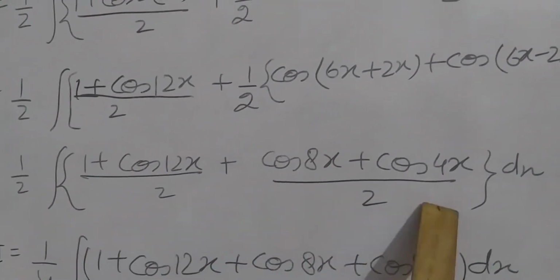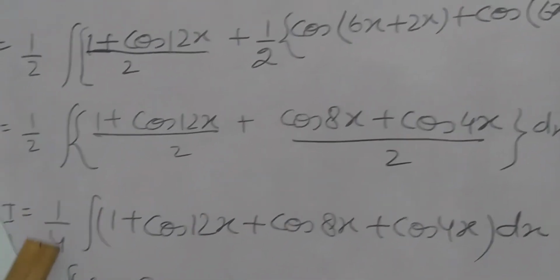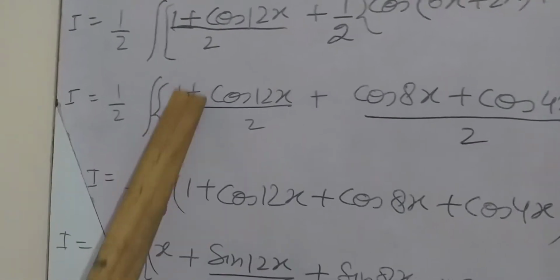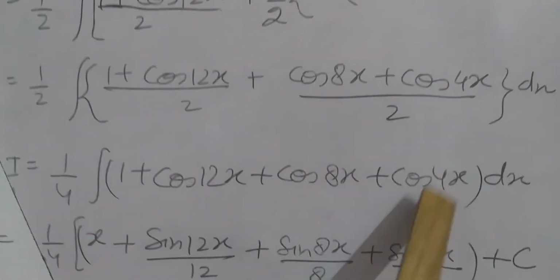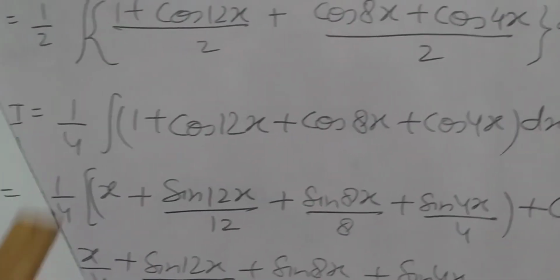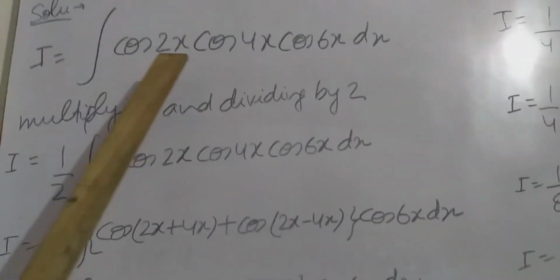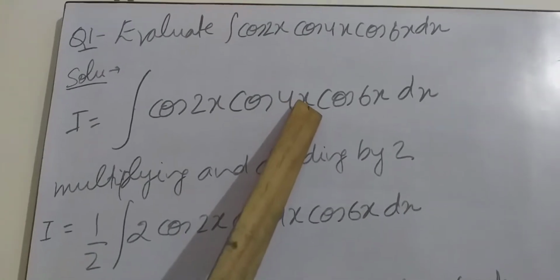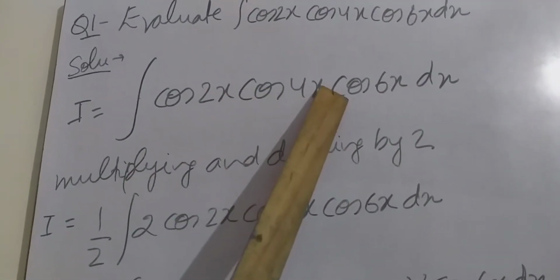Now let us take LCM. LCM is 2. So outside it will be 1 upon 4. 1 plus cos 12x plus cos 8x plus cos 4x dx. Now student, we can easily find the integration. You have seen in the question a multiplication sign is given between them.